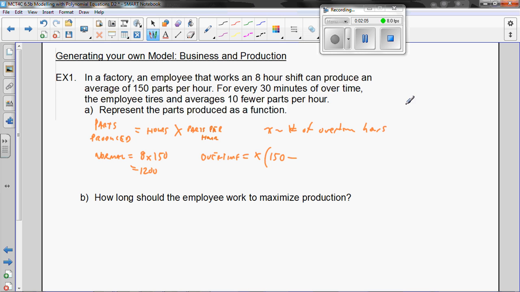So notice 10 parts for 30 minutes, that's 20 parts for an hour, right? So for every hour of overtime, 20 parts fewer. Hopefully that makes sense. And then overall, for the entire day, the parts produced is the 1,200 normal plus the overtime parts, right?